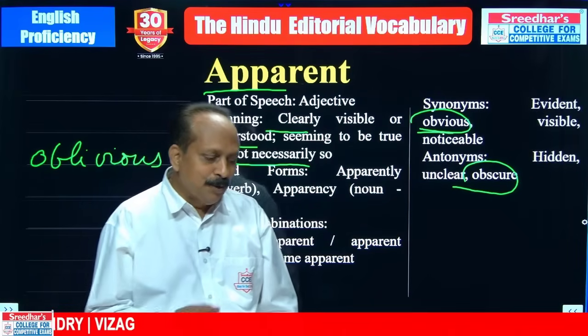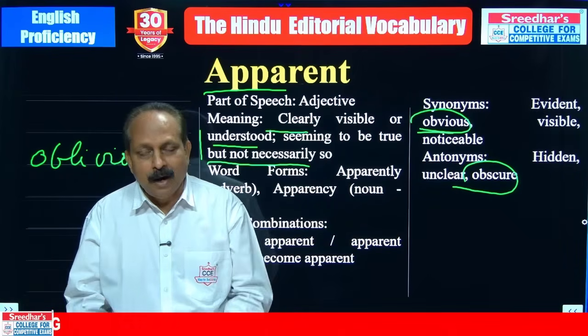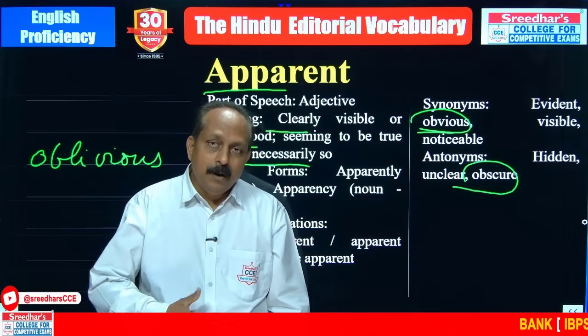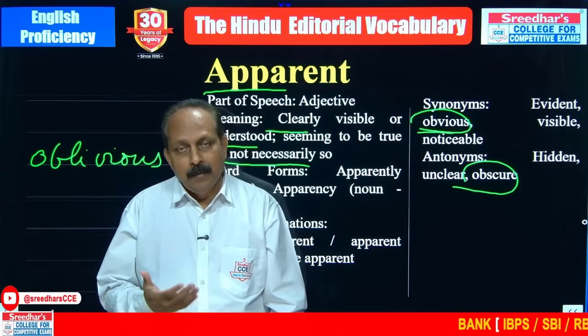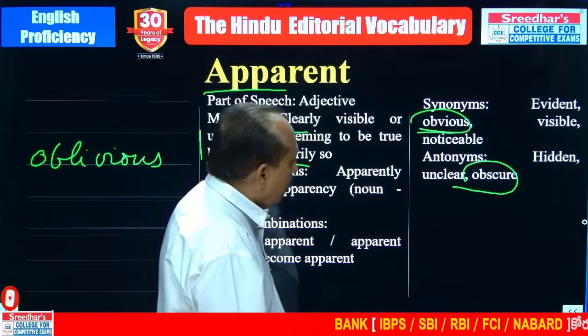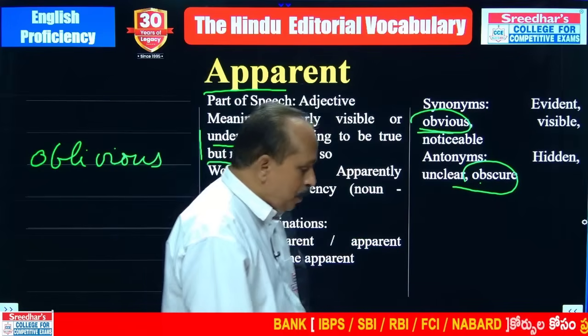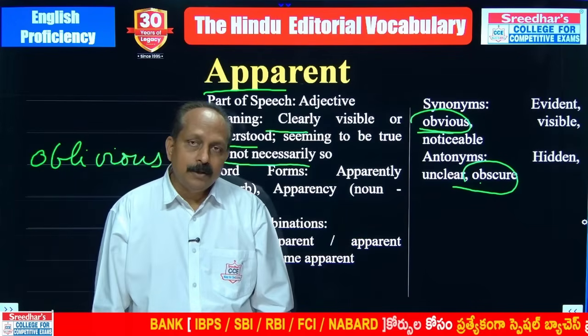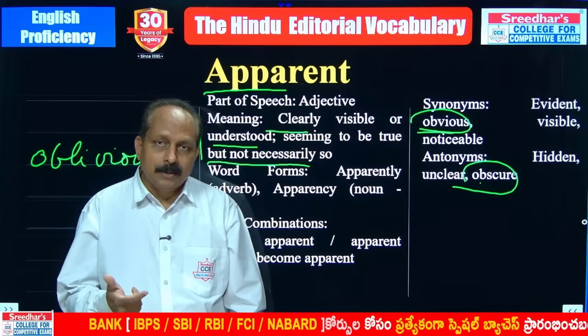But generally, it has a positive connotation. When we start reading a book, interesting book, then we become unaware of the surroundings. Then we become oblivious of the surroundings. That is a positive connotation. And why should you focus on this word? Obscure means not clear. We can also think of words like vague, ambiguous.